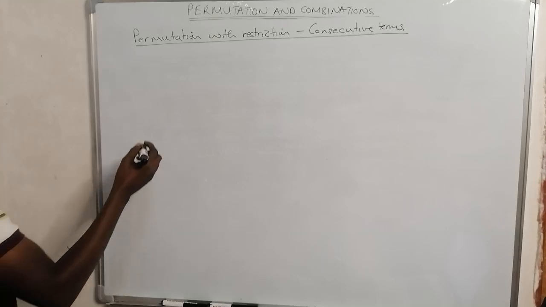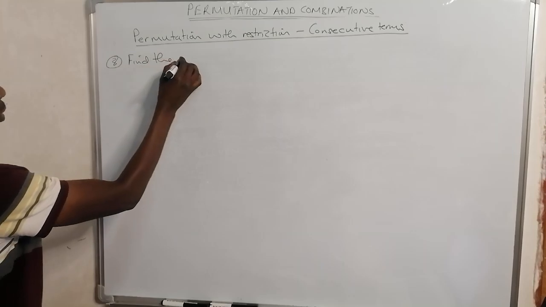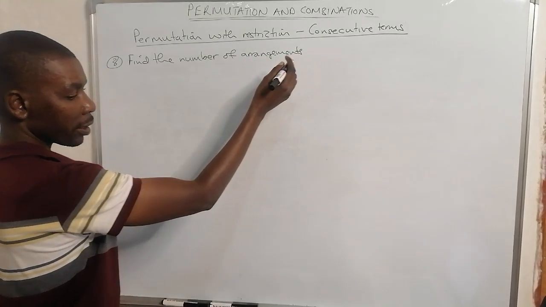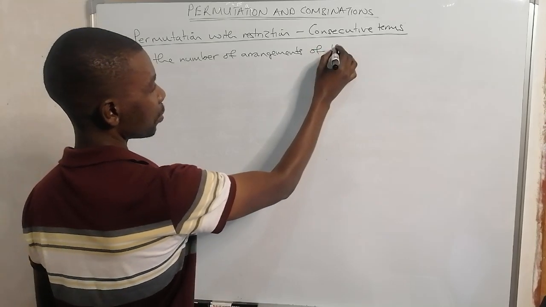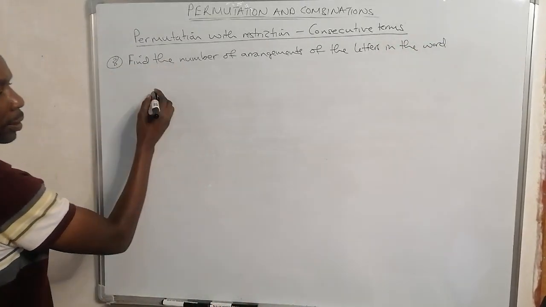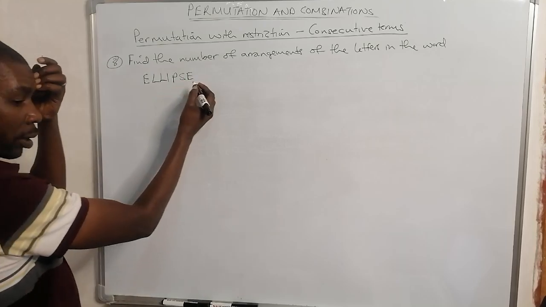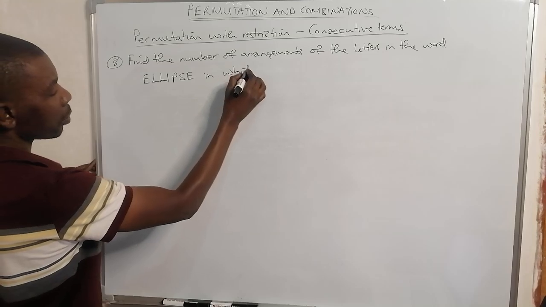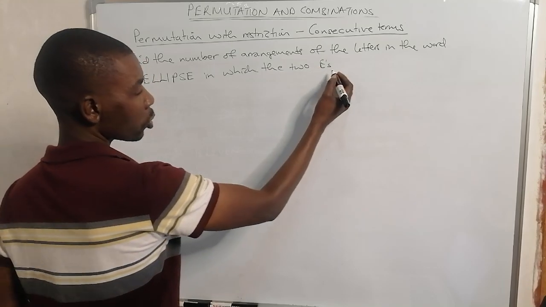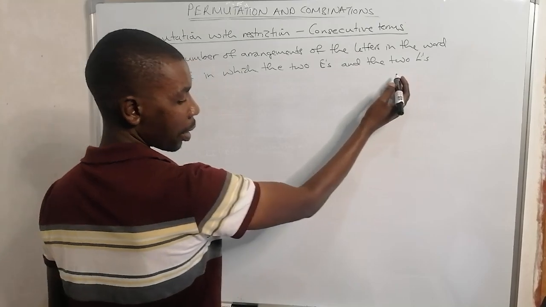For example, find the number of arrangements of the letters in the word "ellipse" in which the two E's and the 2 L's are to be consecutive.